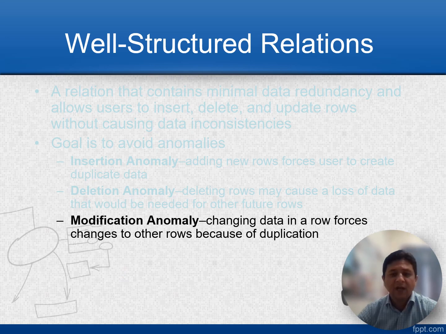Ideally one object should have one representation, but for example there are multiple representations of an object, and we want to change the value of a field in a representation of that object, but because that object has multiple representations, we are forced to make that change in multiple places. So it would mean that there is modification anomaly in that particular relation.